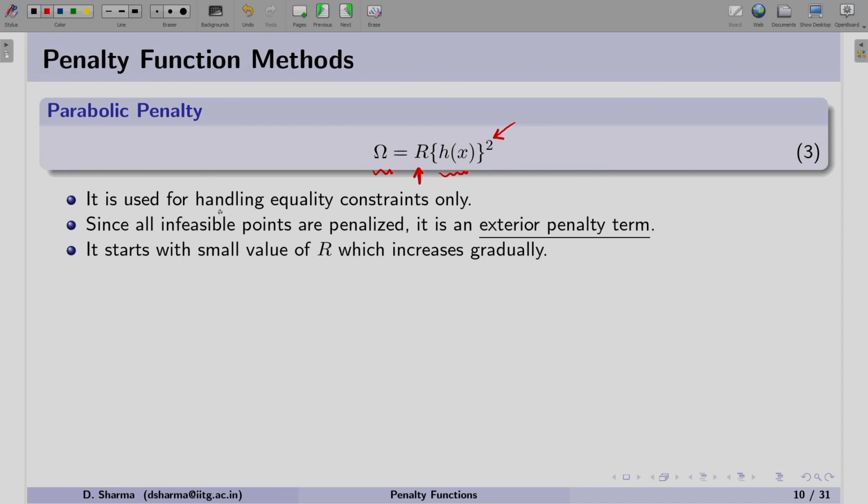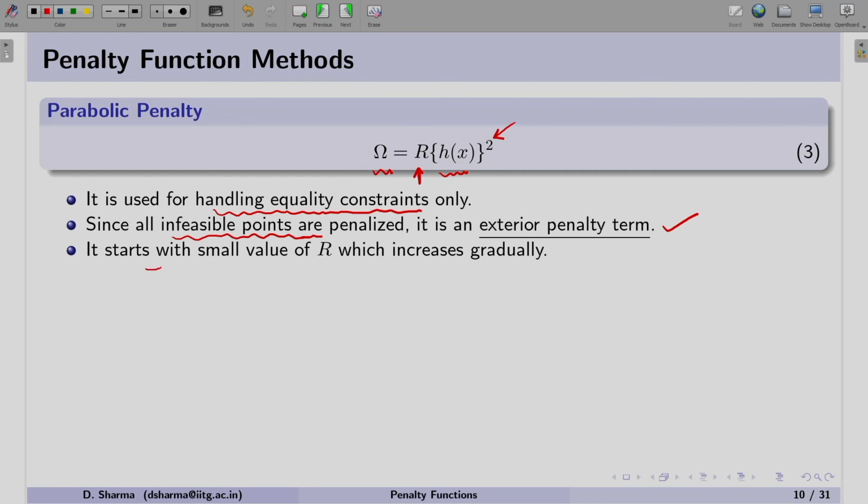This particular penalty method can handle only the equality constraint. Second, it can be used for infeasible points, so we can say that it is an exterior penalty term, and we can very well use it with EC techniques.